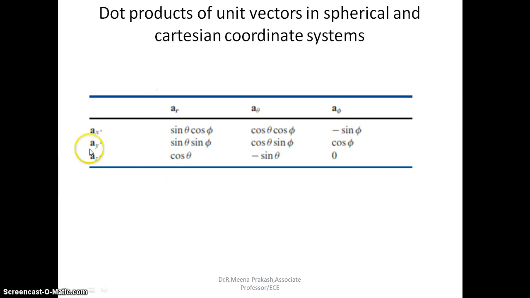AZ dot AR equal to cos theta, AZ dot A theta equal to minus sin theta, and since AZ and A phi are mutually perpendicular to each other, the cos 90 is 0.